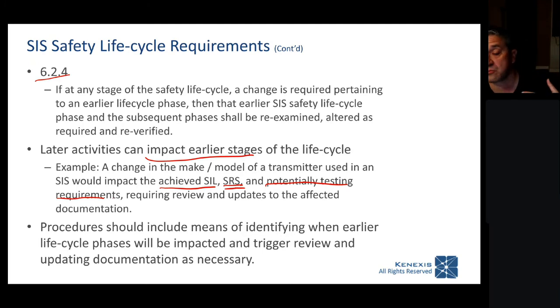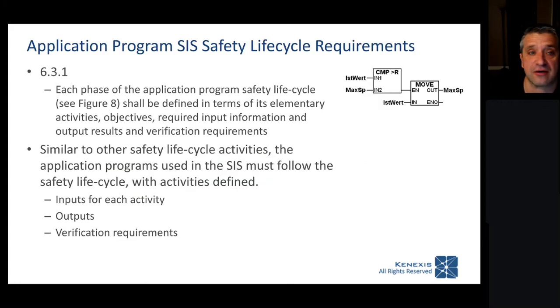You may need to test more frequently depending on what the device that you replaced in terms of their failure rate characteristics. Okay, so the procedures that you're writing should include a means for identifying when earlier life cycle phases are impacted and trigger a review of those earlier life cycle phases as necessary.